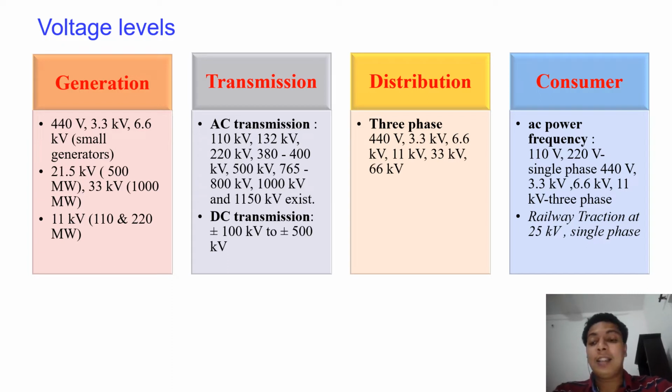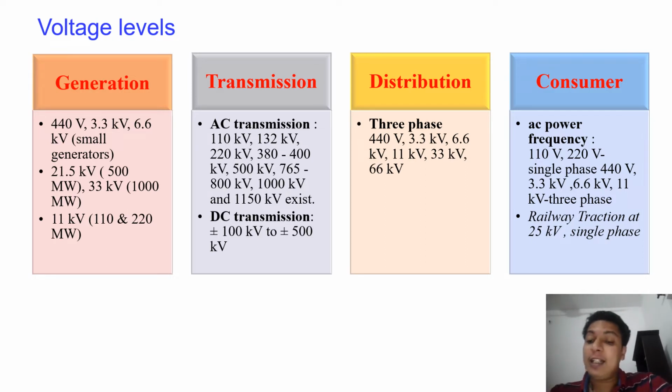If you are generating at a very high voltage, then you have to provide insulation to that extent. Like if you have a certain thickness of mica or rubber that is able to withstand 25 kilovolt, then when it has to withstand 100 kV, you need a rubber of four times the thickness.